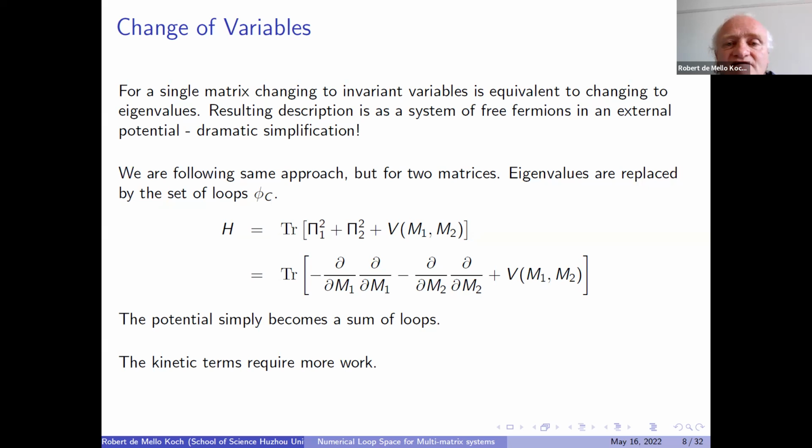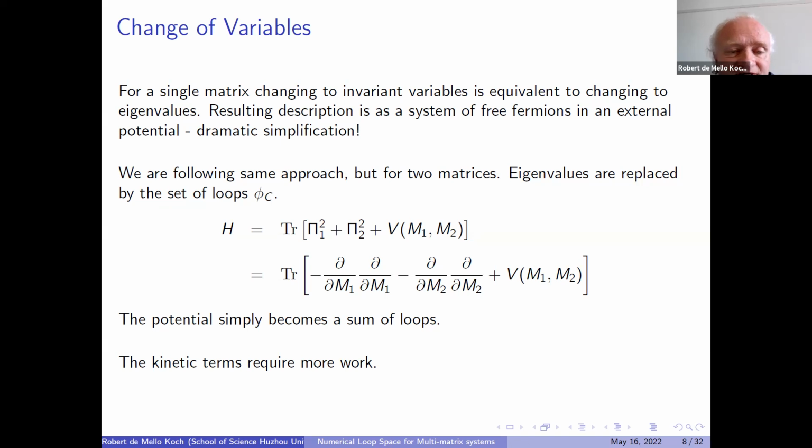In terms of the eigenvalue variables, you have a system of free fermions in an external potential. So it's even a relatively simple system to solve. You can think that what we're doing is exactly the same procedure, but now for two matrices, still changing to invariants. So the eigenvalues are replaced by the set of loops phi C.